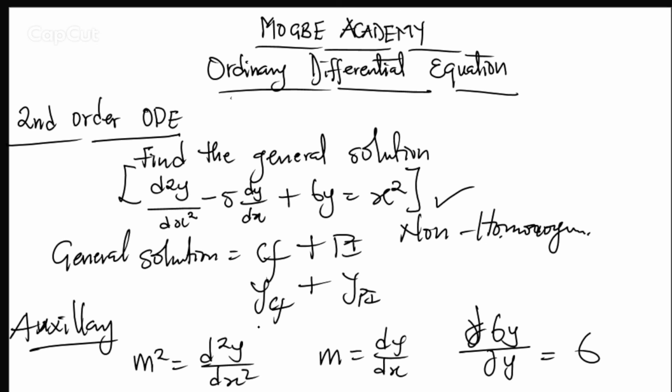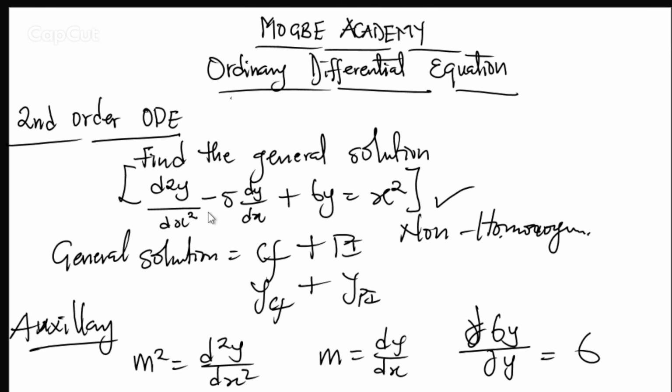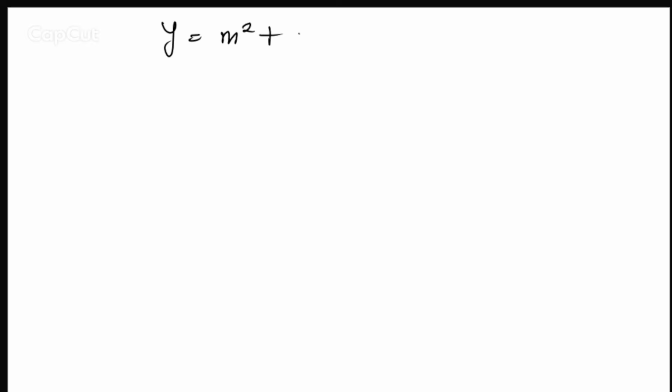So we are assuming that your 6y here will be equal to 6. So your new equation from your auxiliary equation will simply be m square plus, remember, is it plus or minus? We'll simply have minus 5. Is it 5x?